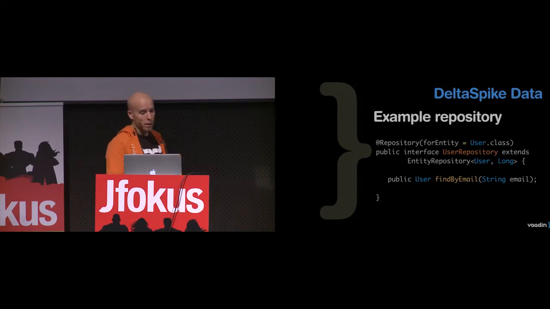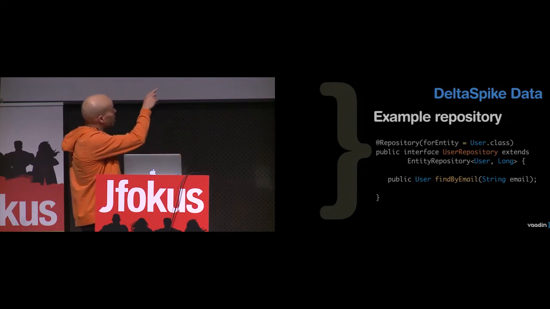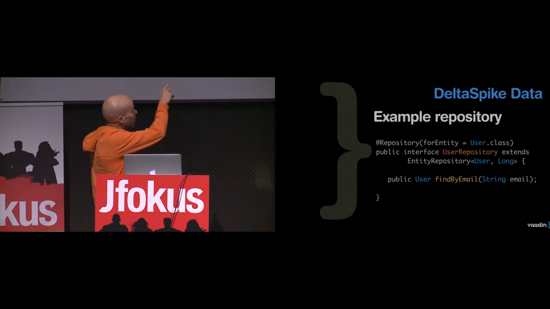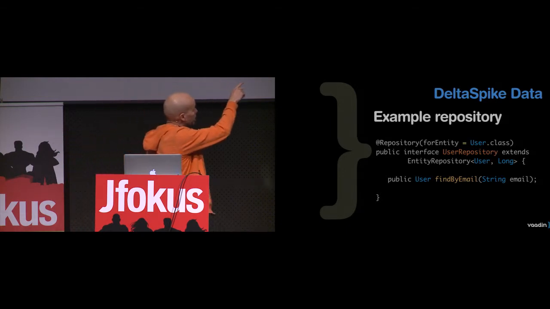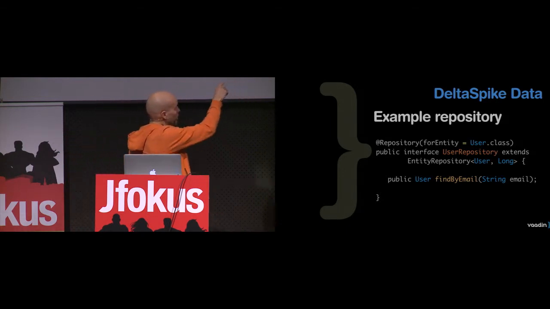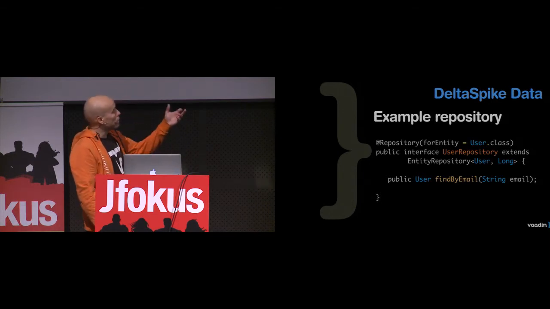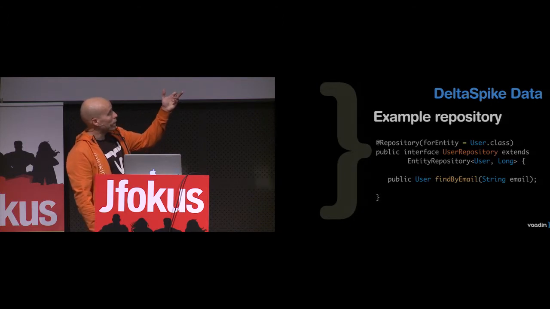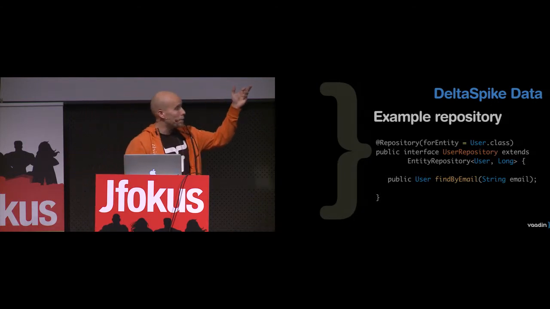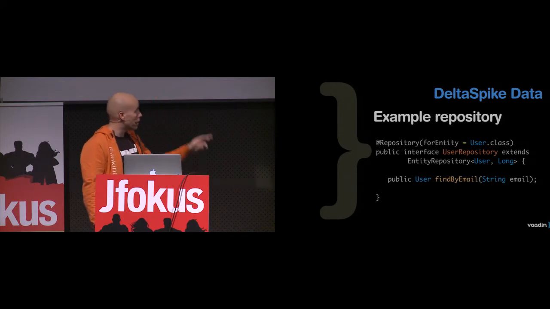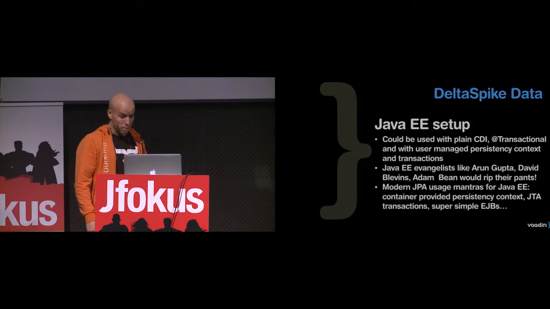You have an annotation there, which is marking all the repositories. This for entity parameter is actually obsolete because we are defining it there as a type parameter as well. So for these repositories, you will need to define the actual entity type and the primary key type, which is long in this case.